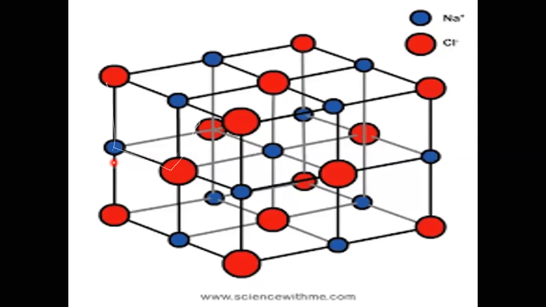If I have millions or billions of molecules of NaCl, they will take the same representation: for every Na, there is a Cl atom. So there is some kind of organization of particles in the solid state.